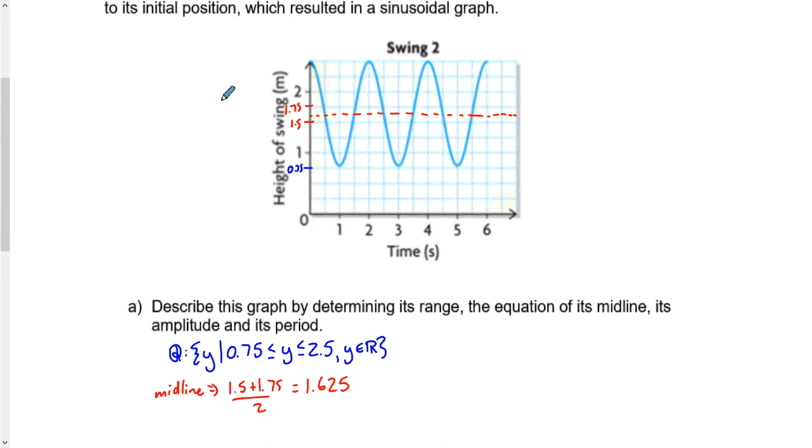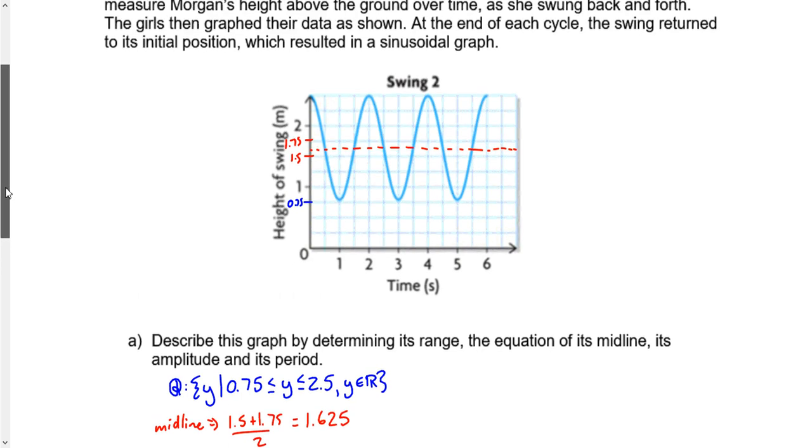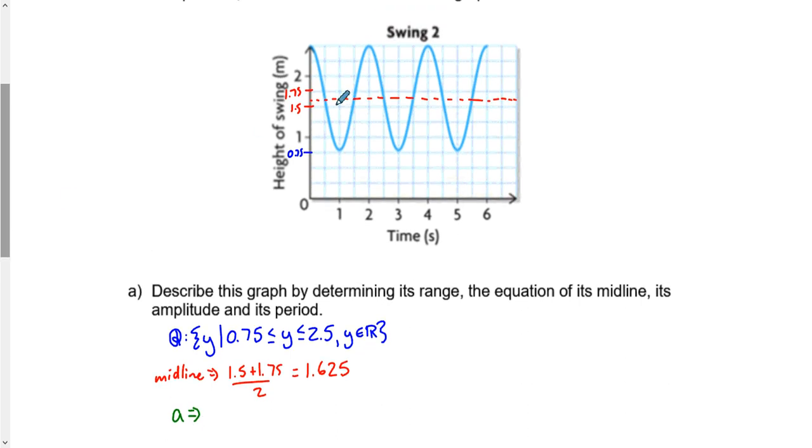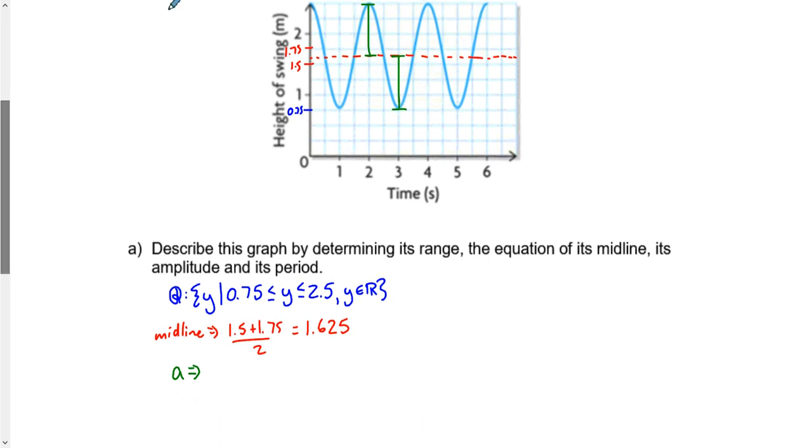Our next one is the amplitude. What is our amplitude? How much is it measured to go from the midline to its maximum or the midline to the minimum? Well, a quick calculation for it.